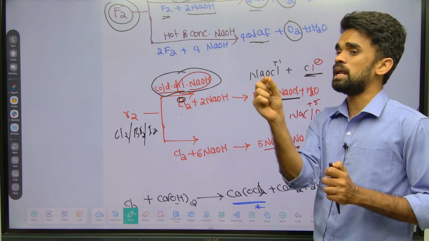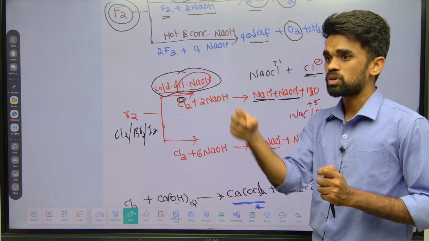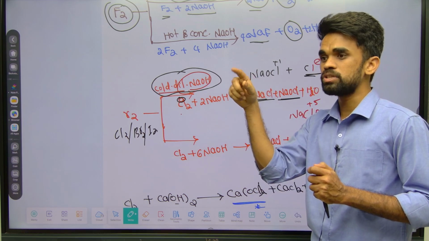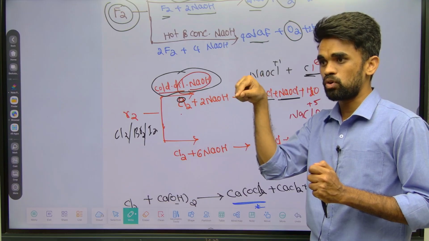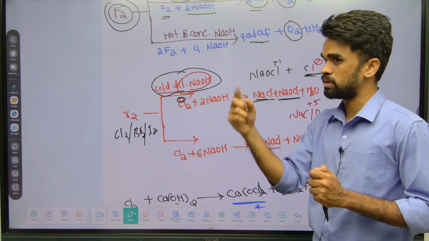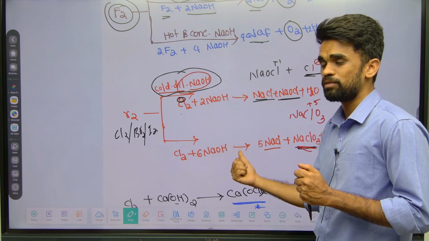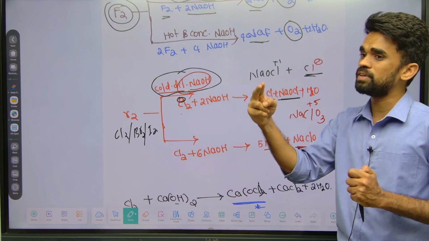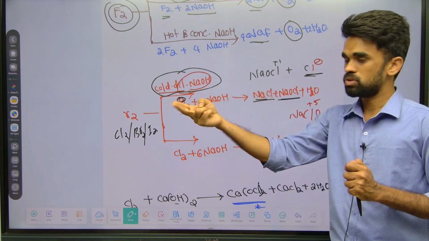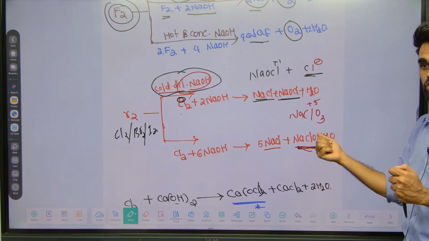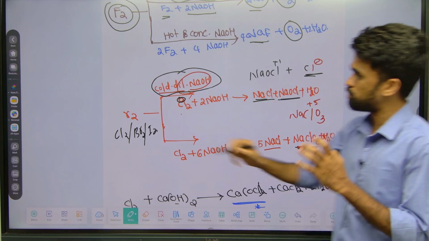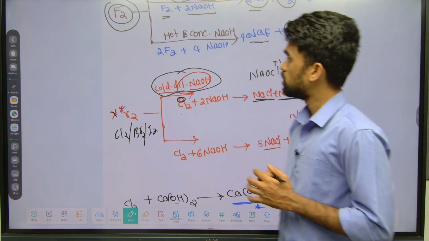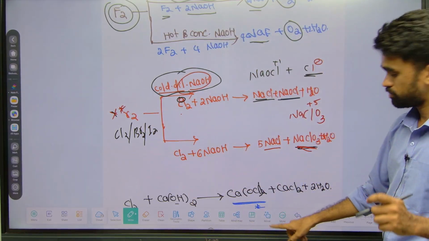Chlorine with dilute NaOH gives chloride ion like NaCl plus NaOCl, with oxidation state of chlorine +1: -1, +1. If it is hot concentrated NaOH, NaCl, that is chloride ion, but along with that chlorate ion, sodium chlorate with +5 oxidation state. Remember, this is a very important reaction, and we had a question on this in previous exams also. Okay, especially in EAPCET.